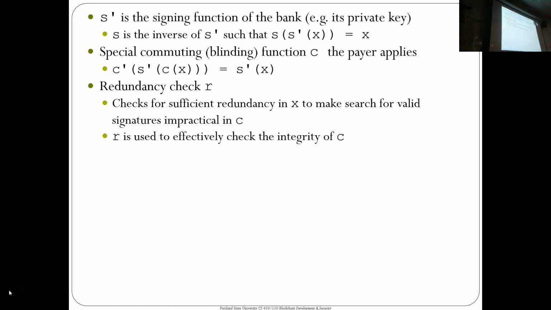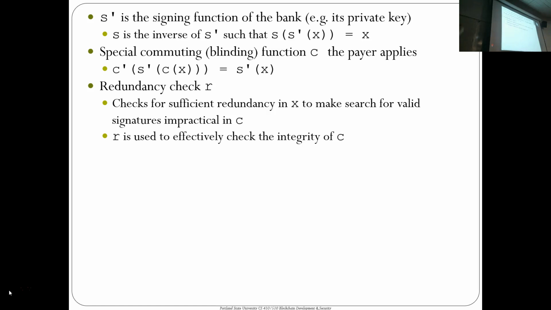Okay, so S prime is this signing function. It's basically the bank's private key. And then S is the inverse of S prime. This is just what we talked about with digital signatures, so that S of S prime of X will give you X back. And then the bank knows that it has signed this particular piece of data.